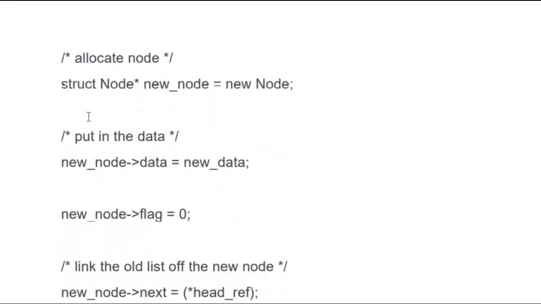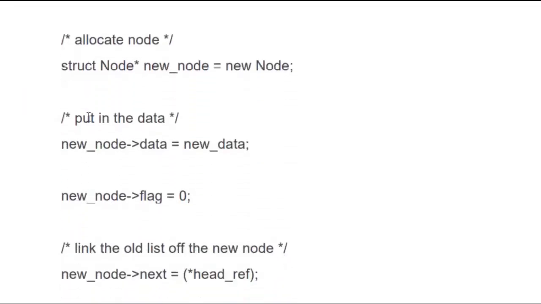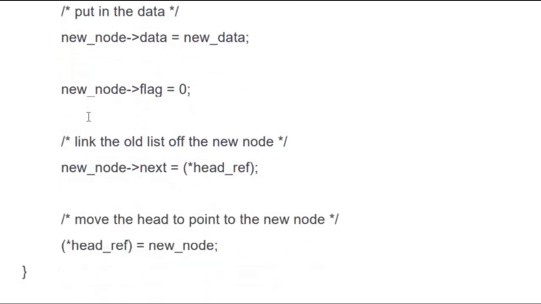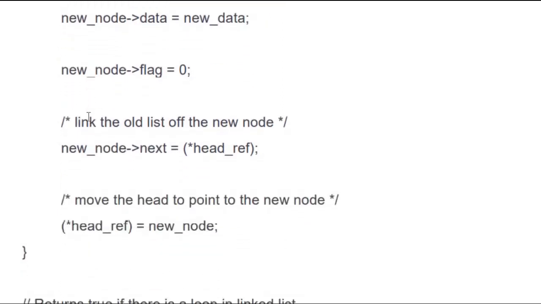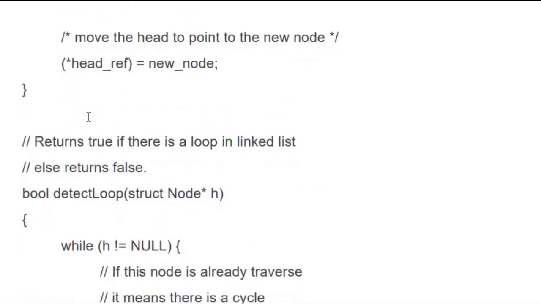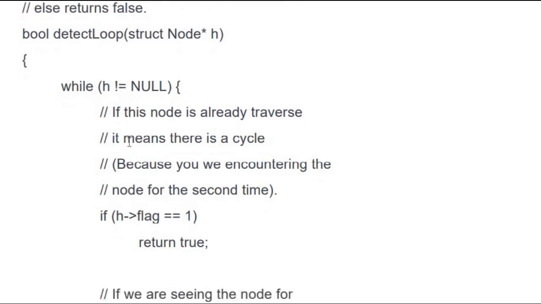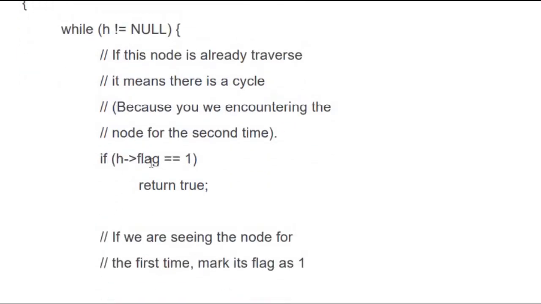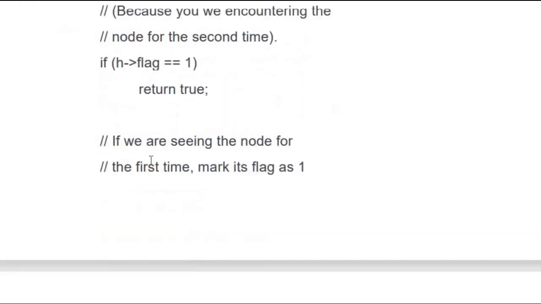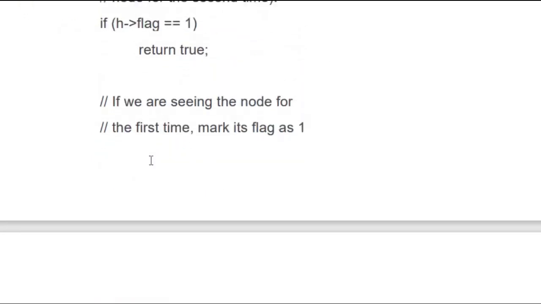In each function we just put the data and mark the flag equal to 0, and when we are going to use our detect loop function, we will simply put the flag equal to 1 if it is equal to 0, but if it is already equal to 1, then we will return true, which will signify that the function already had reached this value.